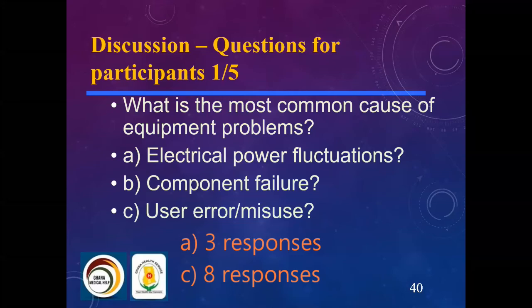I know my experience is that at least 2/3 of the problems are error or misuse. User error is the most common cause of a service call to a biomed shop. Now, but in Ghana, it may often be electrical fluctuations, as we've seen here in a couple of responses.